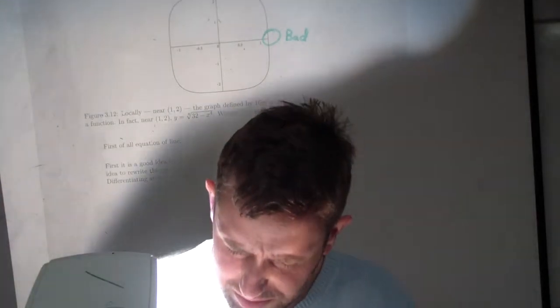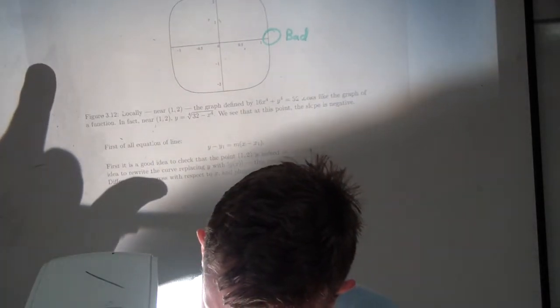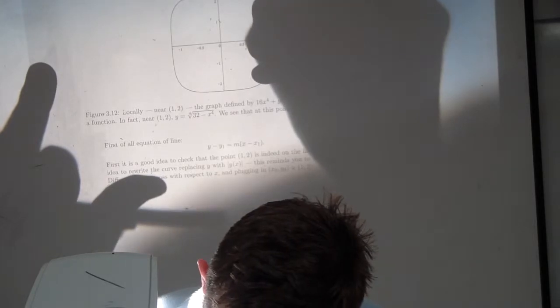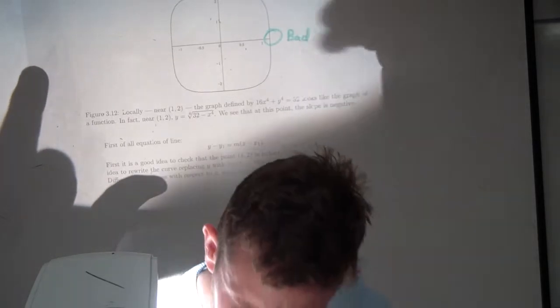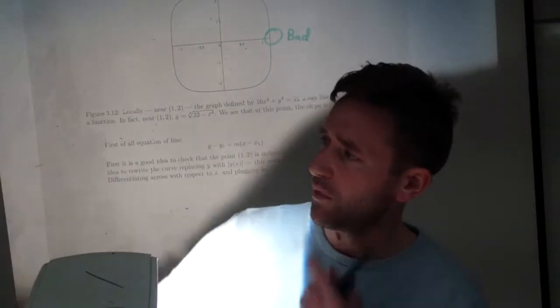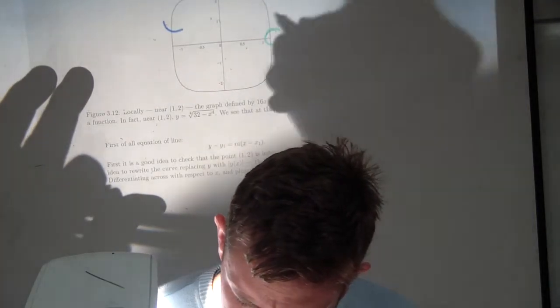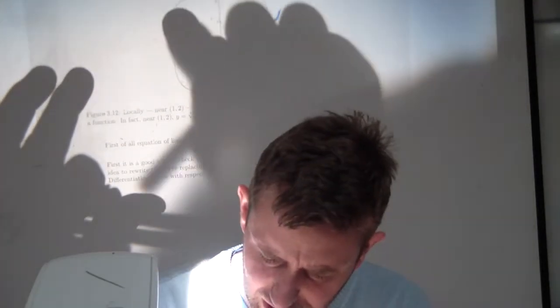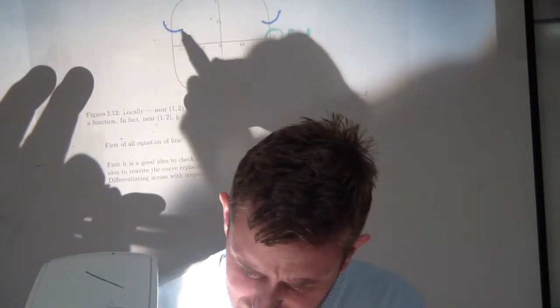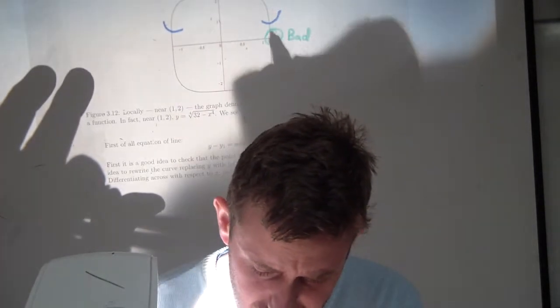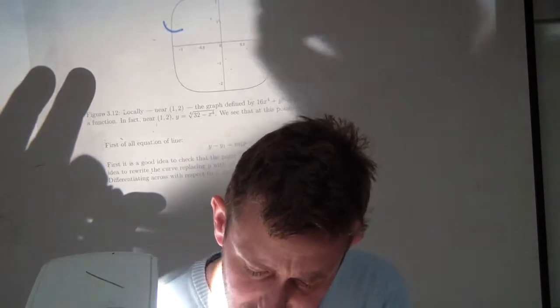So what the theorem says is that if you're near a particular point, say near the point (1, 2), while you might not be able to actually find y as a function of x, theoretically there is a region of the curve that is the part of the graph of a function. So between, say, these two points, and I could go as extreme up to the zeros, but I just have to go locally.